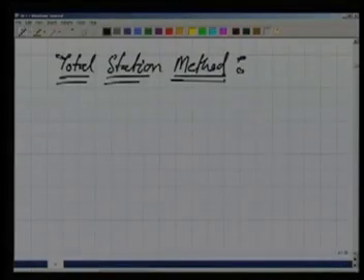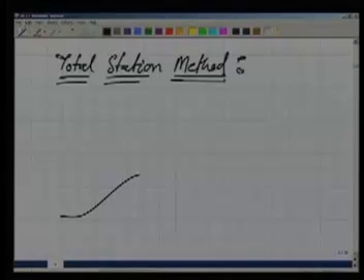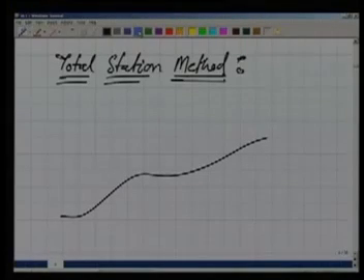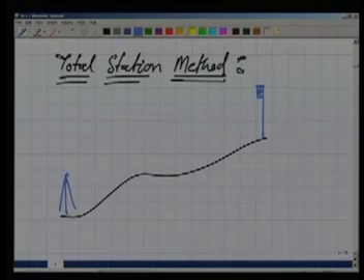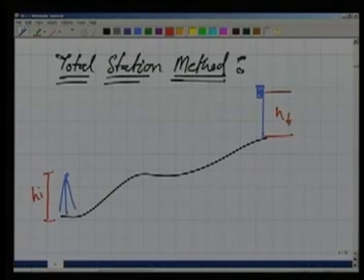Before doing that, we would like to see a little bit of the principle of working of the total station, particularly in the case of contouring. Well, there may be a terrain like this, and our total station, let us say, is kept here, while our target is kept over here. We know the height of instrument, HI, and we also know the height of target.